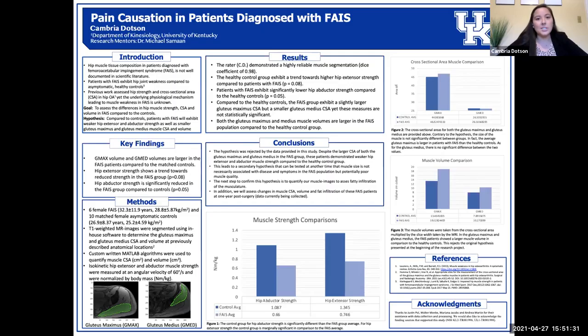My passion is within orthopedic surgery. I have been in an orthopedic surgeon's operating room and followed one around for clinicals. That's what really drew me to Dr. Saman's research, because he was working with patients live and on a joint, which is primarily what I want to work with in the future.